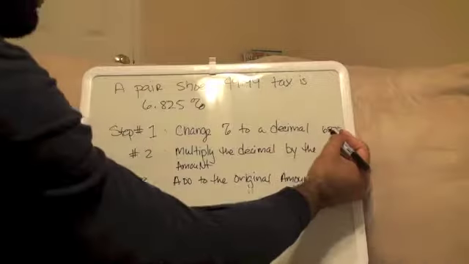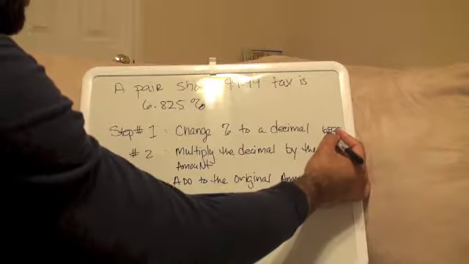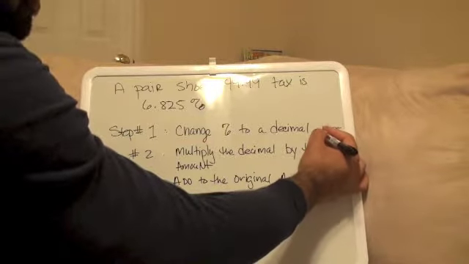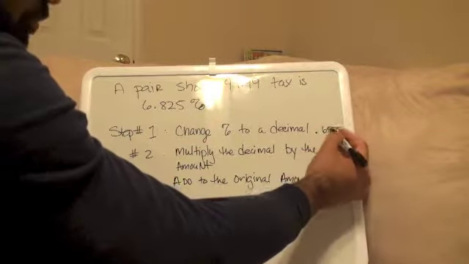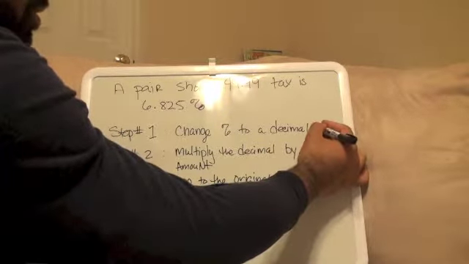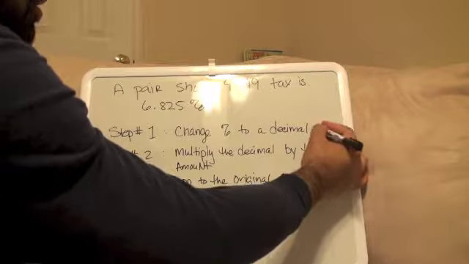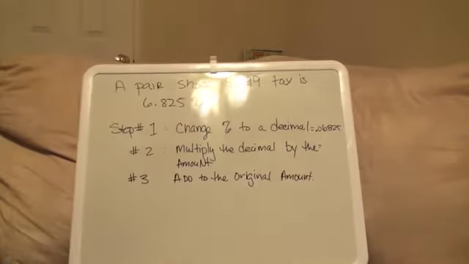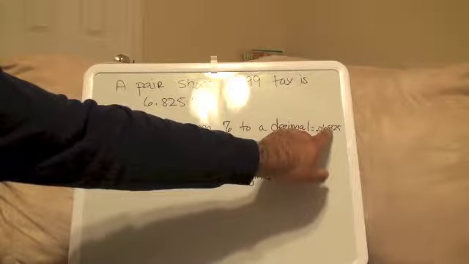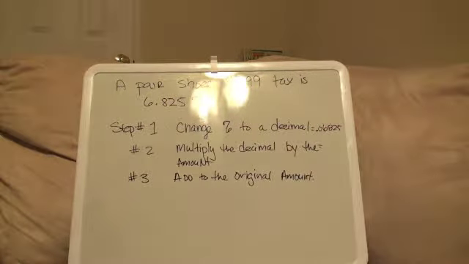So I'm going to put my pen top right here, and I'm going to move 2 spaces to the left. 1, 2. That means the decimal's right here. There's a space between my decimal and my first digit, so that gets replaced with a 0. So it's 0.06825. That's the first step.